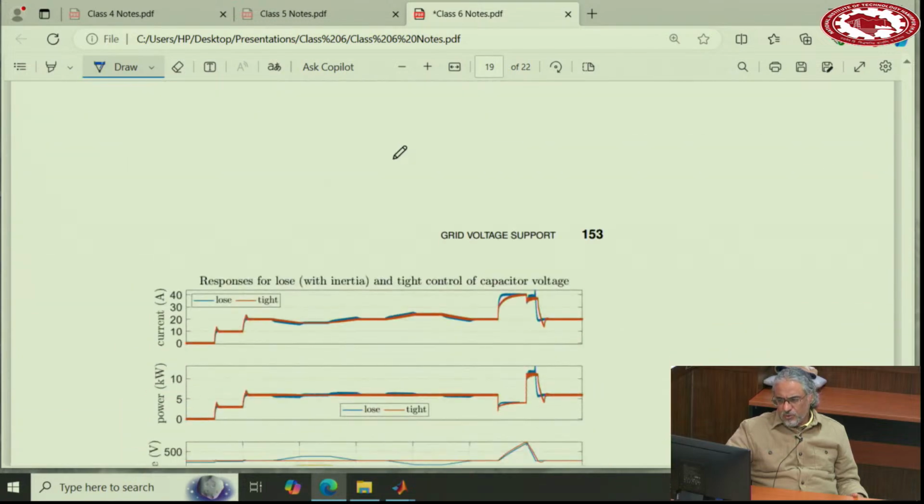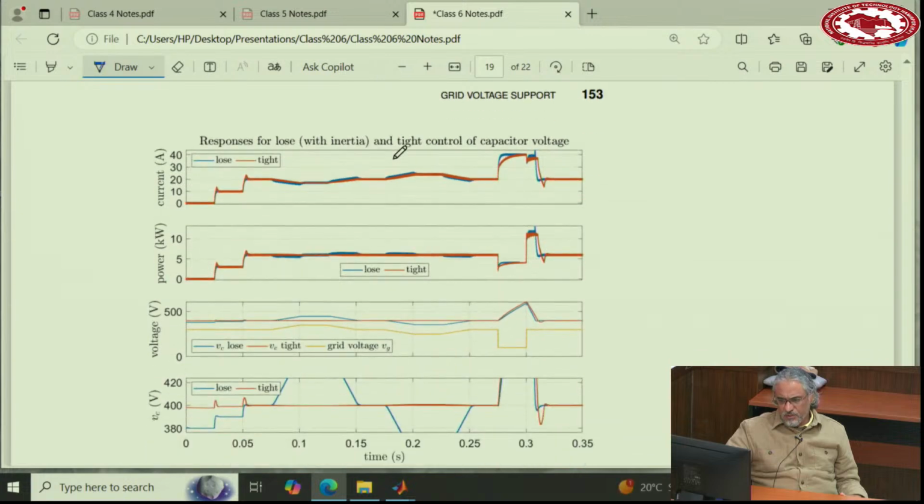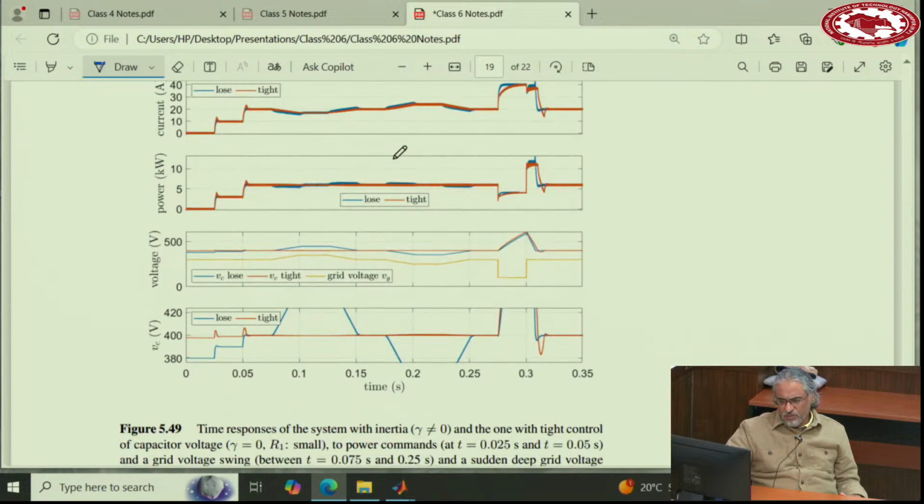And I showed some simulation results for tight control of capacitor voltage. I showed on the same diagram the loose one and the tight one. The loose one is where you allow the capacitor voltage to change a lot to provide inertia. The tight one is where you want the voltage not to change, exactly or very close to 400 volts. The same simulation is run for both.